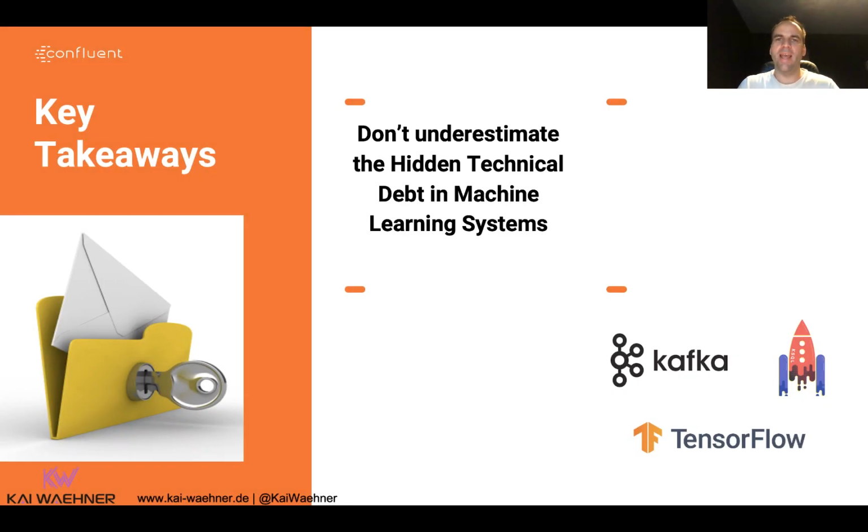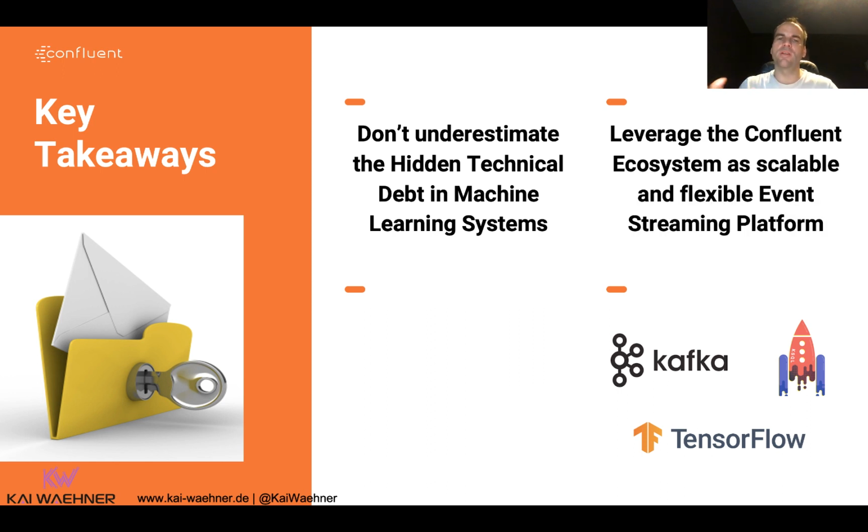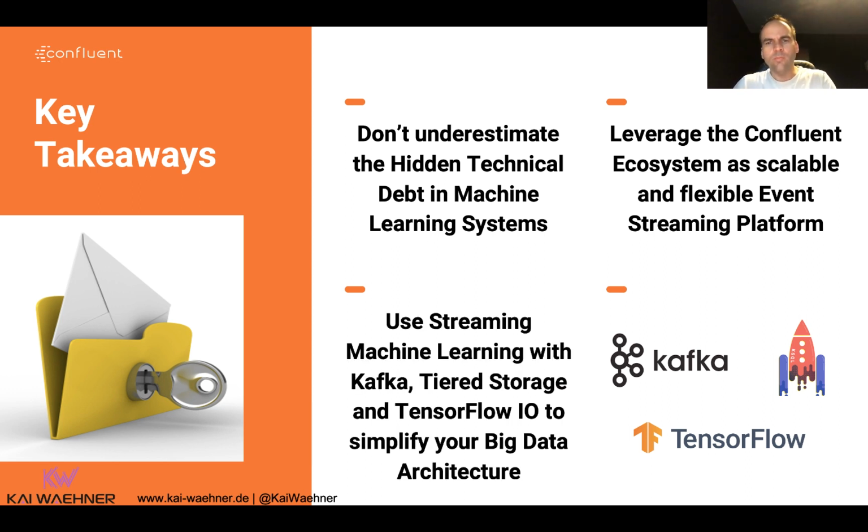I hope this was really helpful. The key takeaways are for Kafka and machine learning: don't underestimate the hidden technical depths in these machine learning systems. It's really not just about building the models, but about how to deploy all this infrastructure. And this is where Confluent can help a lot with all its ecosystem for building a flexible event streaming platform. As you have seen, there are a lot of cutting-edge technologies which you could use. You don't have to.